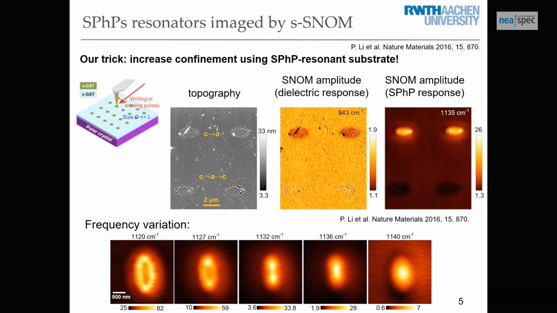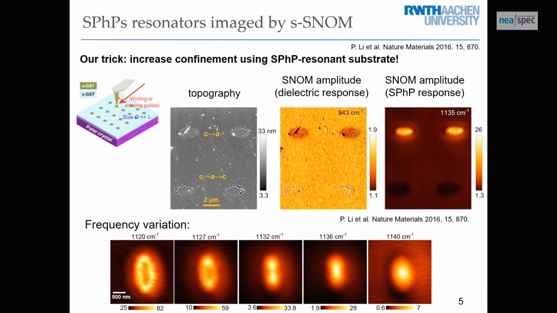Again, in the topography it's hard to differentiate between crystalline and amorphous, but if you look at the SNOM amplitude, you see again we have two contrast channels. One is the dielectric response here, the amorphous-crystalline contrast, and if we now go into the Reststrahlenband, we see very well these high fields of the surface phonon polaritons. And if we then alter the frequency, we see that we can also change the mode that is actually inside of this resonator.